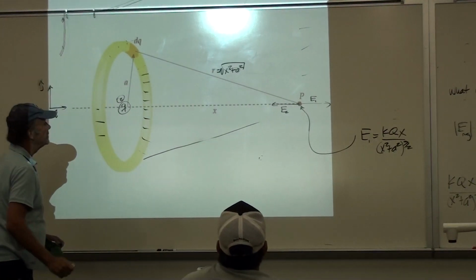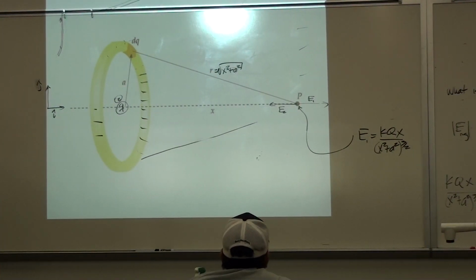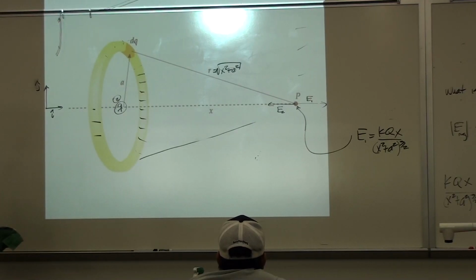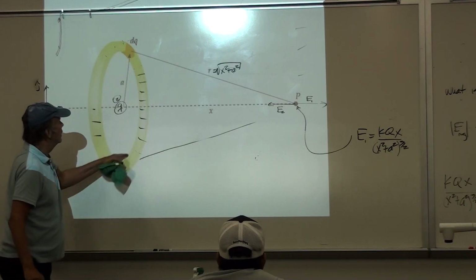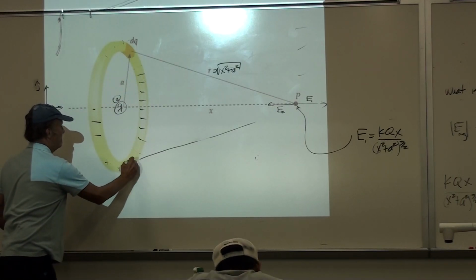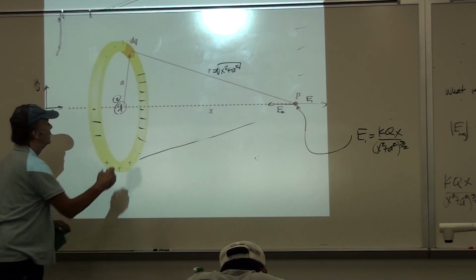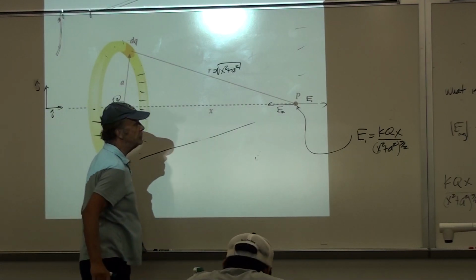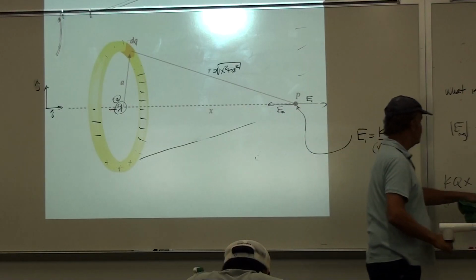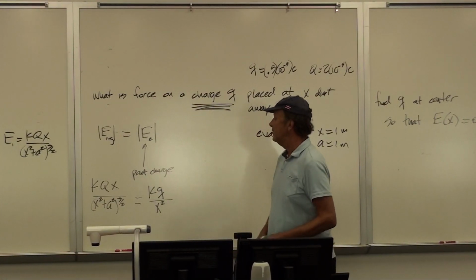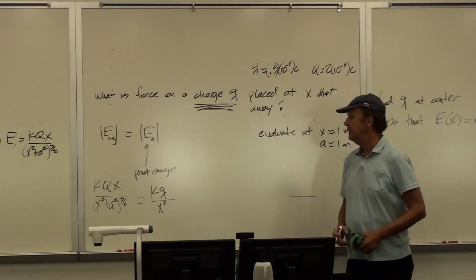But what does the sign on that charge have to be? If this is positive charge up here, let's assume, then what kind of charge is this going to have to be? Negative. Okay, so this is going to have to be a negative charge. So if I'm doing this using the absolute value, then I'm not putting that negative in, and I'll have to get that out later.